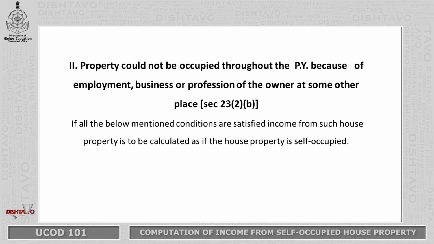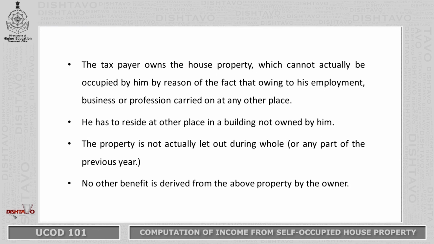Second possibility, wherein the property is closed and the person is staying at some other place. You have a self-occupied property, but you cannot occupy it, maybe because you are employed somewhere else or you have your business or profession somewhere else. If these conditions are satisfied, in that case the income from such house property will be considered as if it is let out. The only condition is the person should not have his own house at the place where he is working or where he is doing his business.